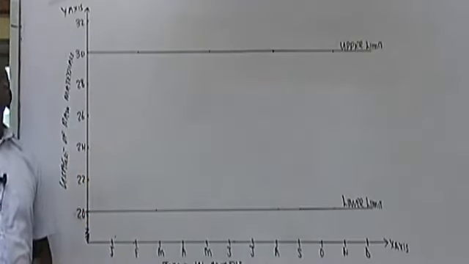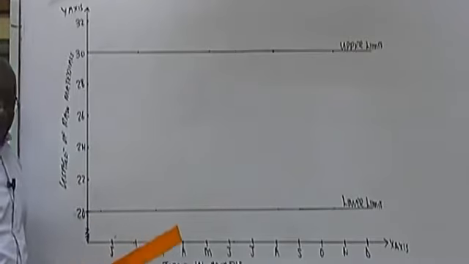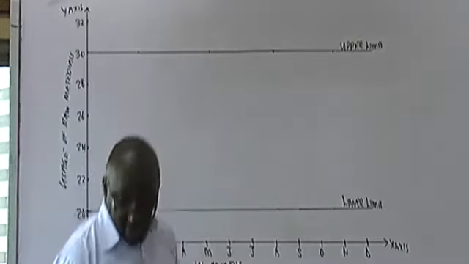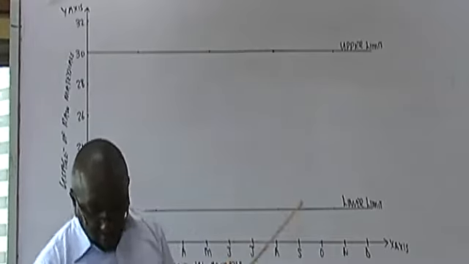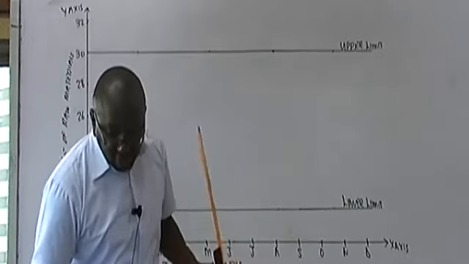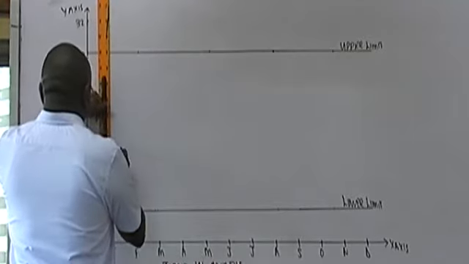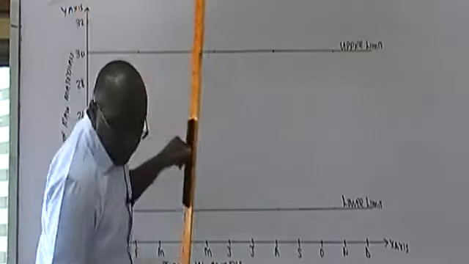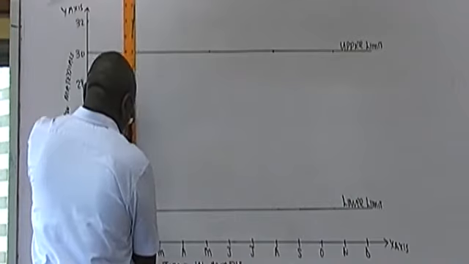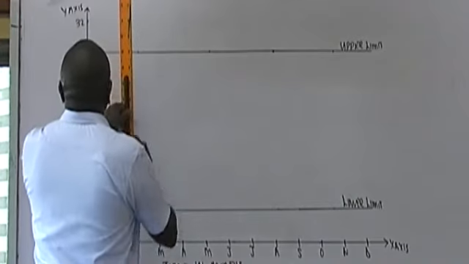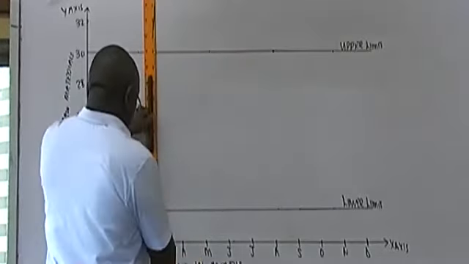Okay, so what you do now from there, you plot those values. Tukianzia X, January it has 24. So January has 24, somewhere here. February has 26. Hiyo ingine iko na 27.